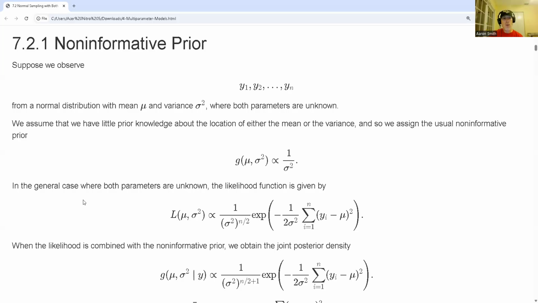In the general case where both parameters are unknown, the likelihood function is given by this. Okay, so if you want to derive this, you're going to take the normal distribution, take the product of the normal distribution for every single value that you plug in, and I'm going to be doing a product that involves e.